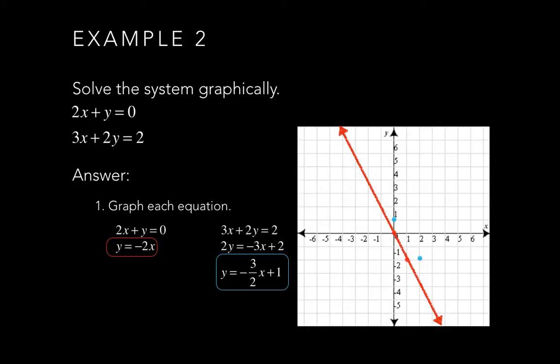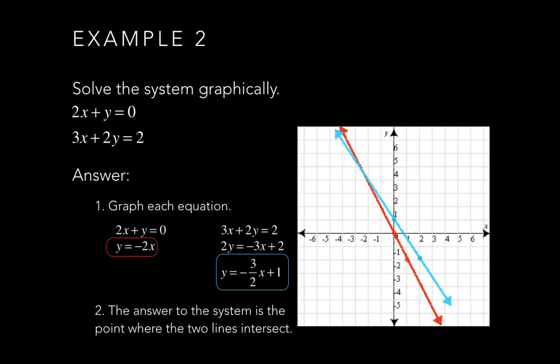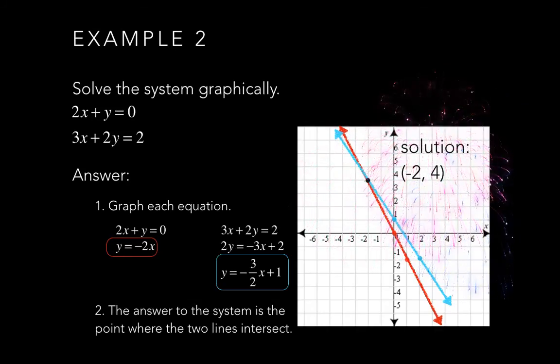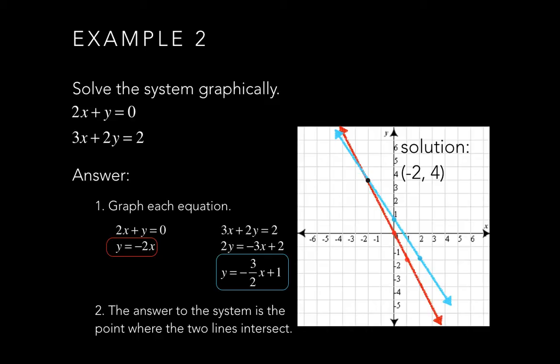Down 3 over 2 and plot another point, and then we'll be able to sketch out that line. Now the point that they have in common, the point where they both are true, is going to be the point negative 2, 4.